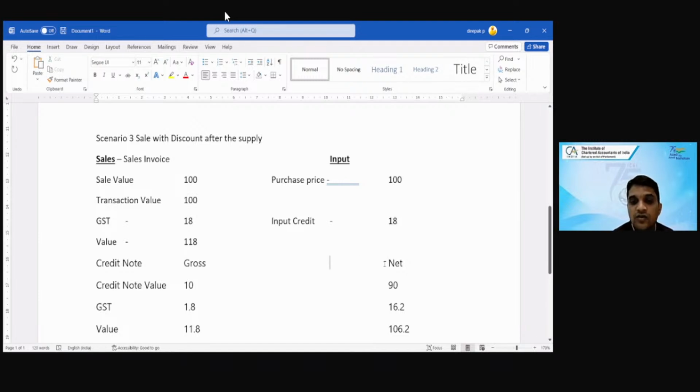Correct. So what will he have to do? On receiving the credit note, he will have to do ITC reversal. So he will do ITC reversal to what extent?